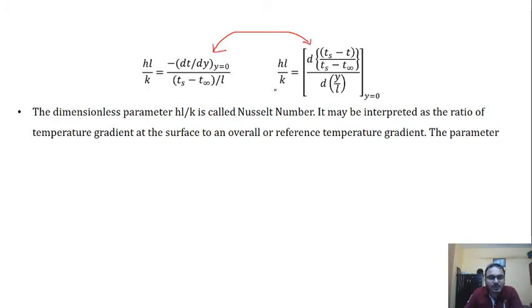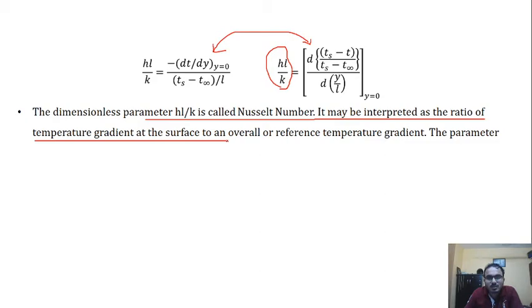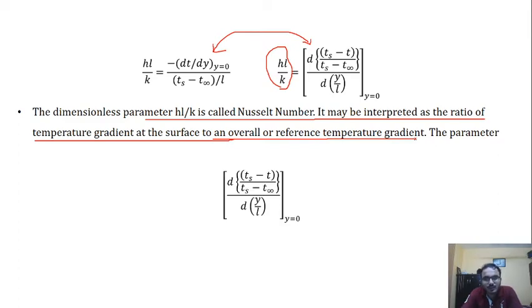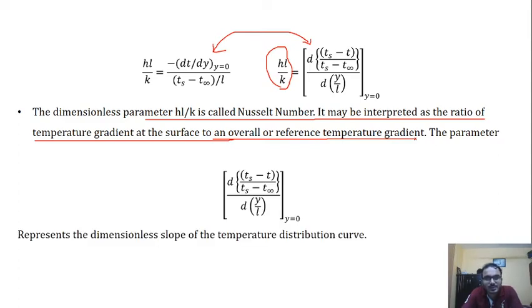So this parameter hL by k is known as the Nusselt number, and it is interpreted as the ratio of the temperature gradient at the surface to an overall or reference temperature gradient, and this term represents the dimensionless slope of the temperature distribution curve.